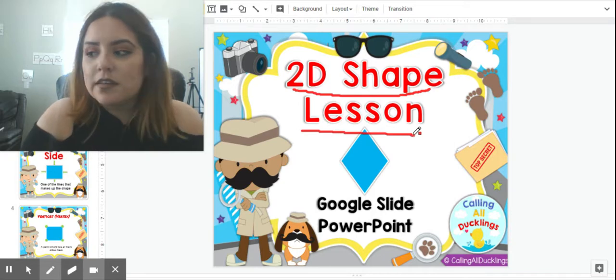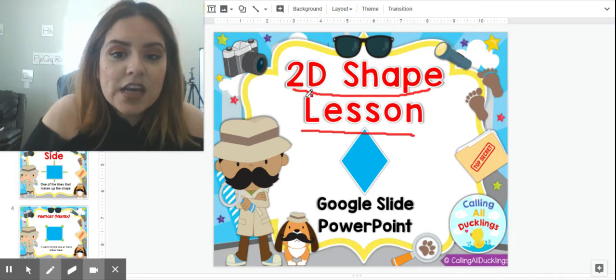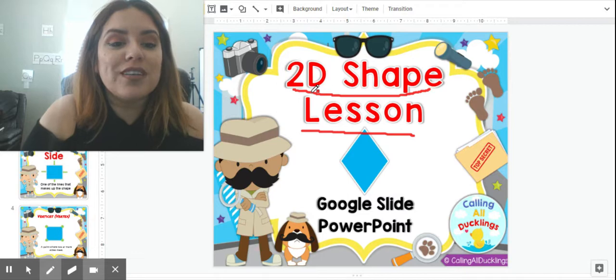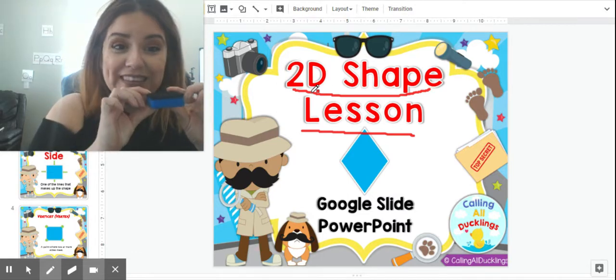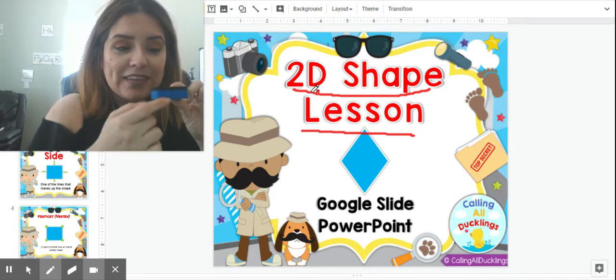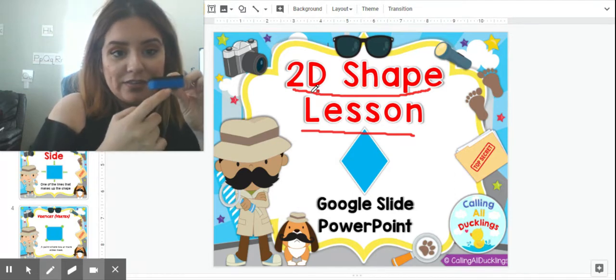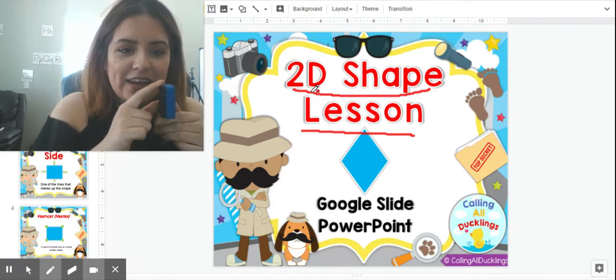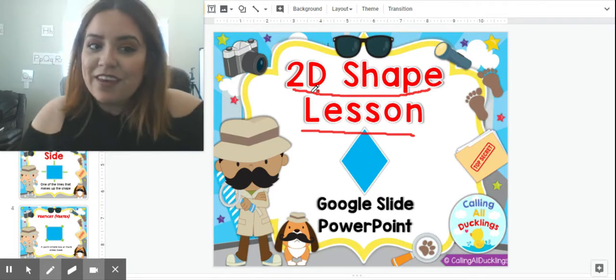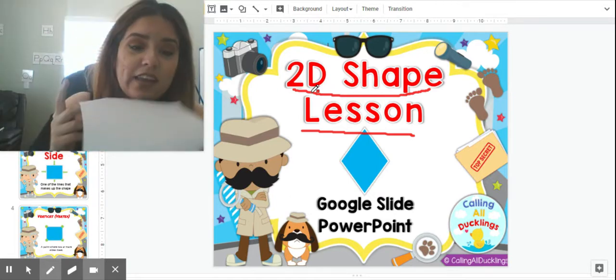2D shape lessons. What is 2D? 2 means two-dimensional. So if we look at shapes, this is three-dimensional because I can look at it from 3 different angles. I can look at it like this, and like this. If it's 2D, it's flat like paper.